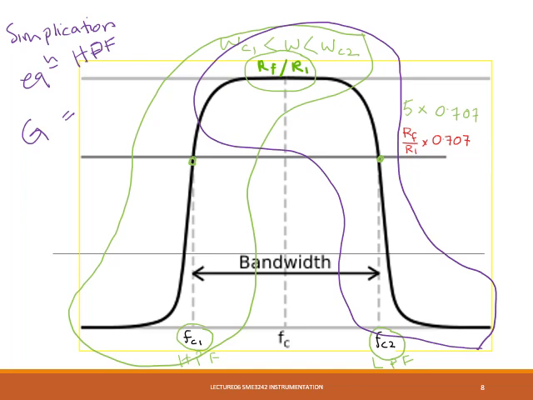Then we only consider FC2, which is the cutoff frequency for low pass filter, if we want to determine the bandwidth. In this way, we will simplify the equation. Just consider the equation for high pass filter together with the gain part. It will give you the same gain and the same frequency. Just need to determine the bandwidth using the low pass filter, which is FC2.